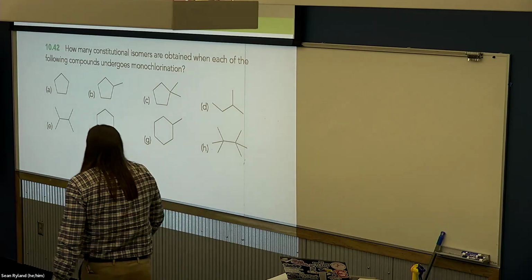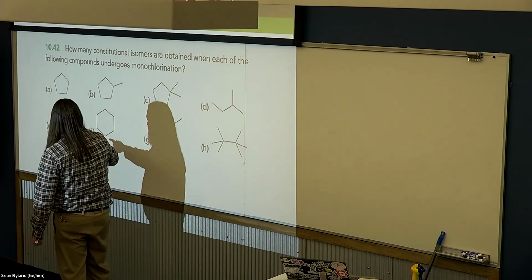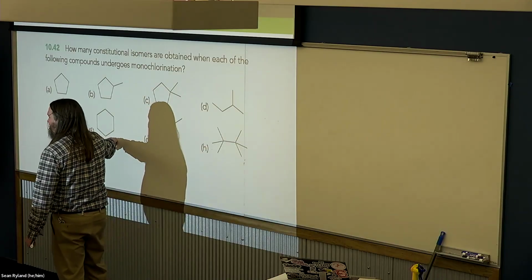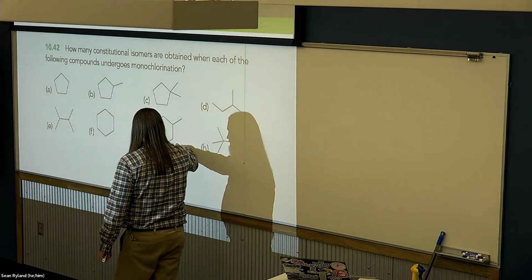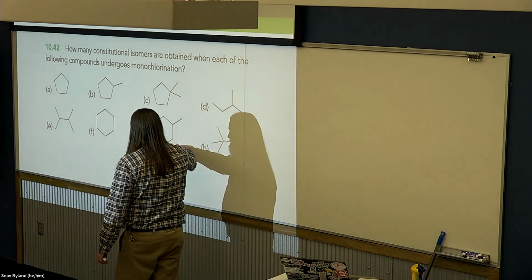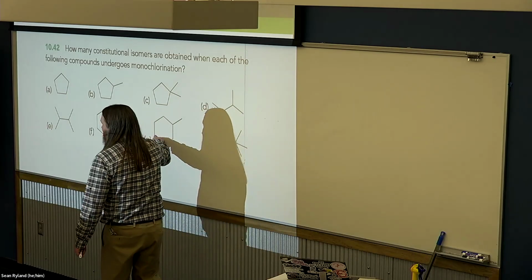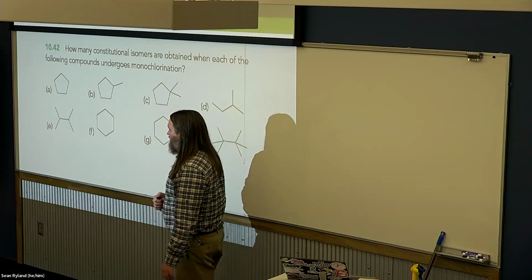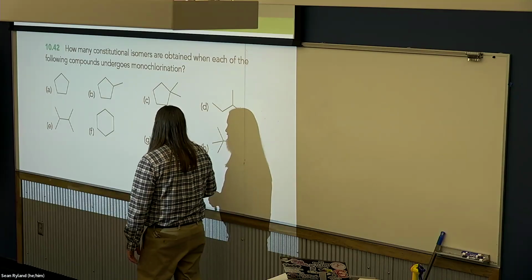So you were right, only one product for A. 10 for B. 1 for F as well, same logic. G is going to be the same as B. Almost. We have 1 extra carbon, so I think we'll get a total of 11 in this case.